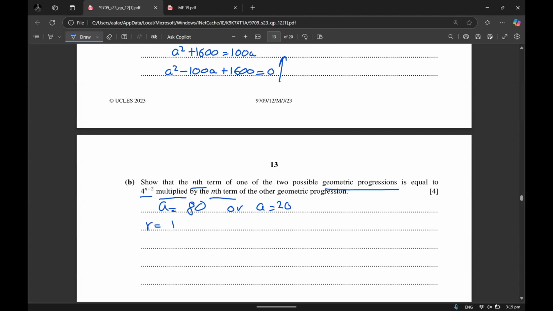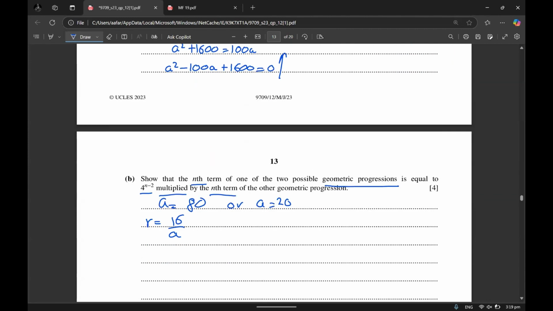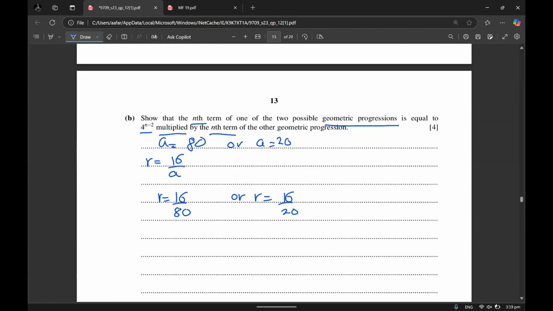We know that r is equal to 16 over a, from over here. For a is equal to 80, we get r is equal to 16 over 80, or r is equal to 16 over 20. By these, you get r is equal to 1 over 5, or r is equal to 4 over 5, sorry.